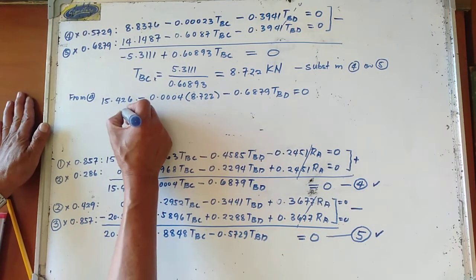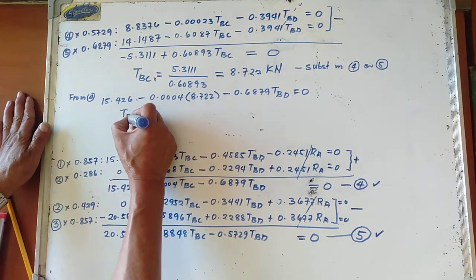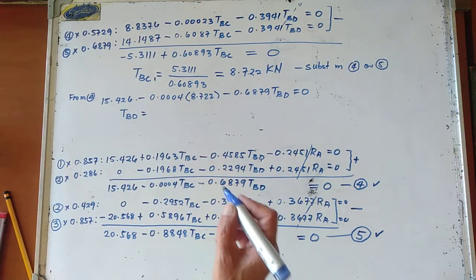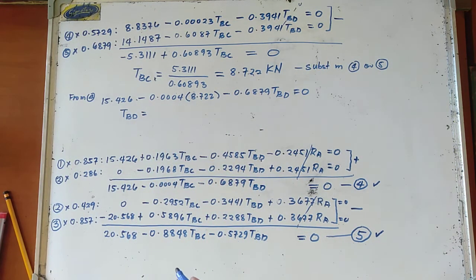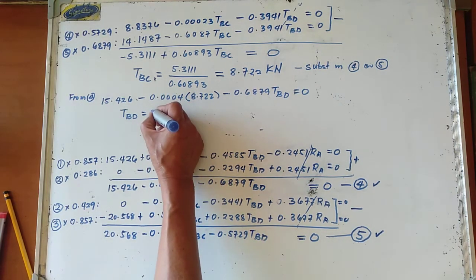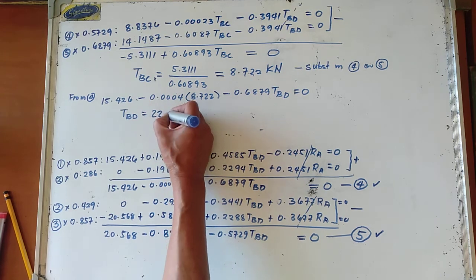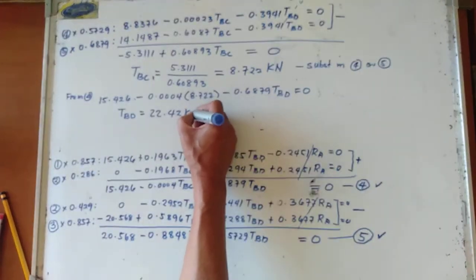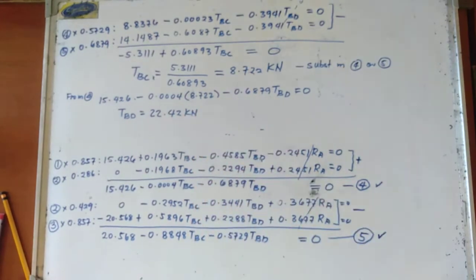Then, calculate now T sub BD. So, your T sub BD is now equal to 22.42 kilonewtons.